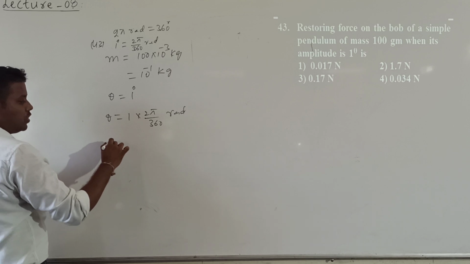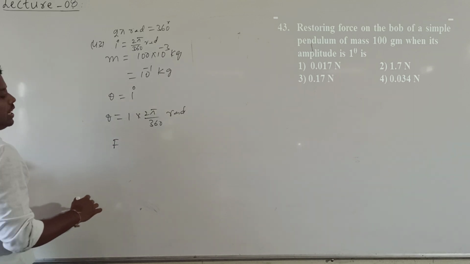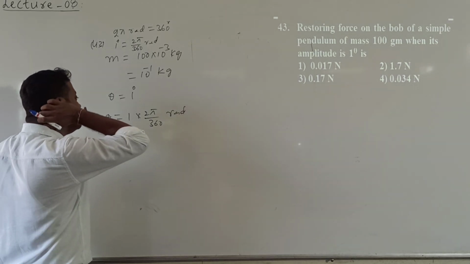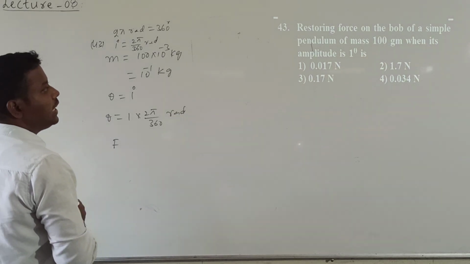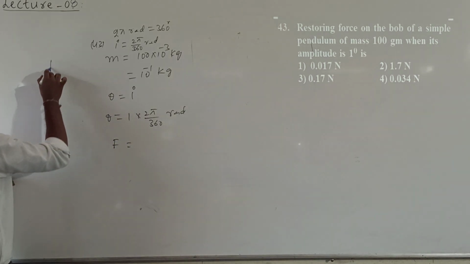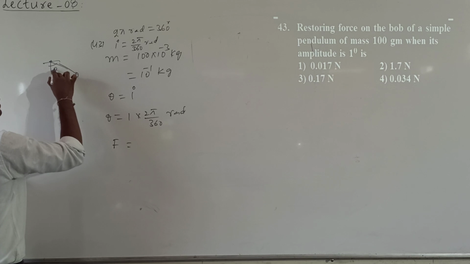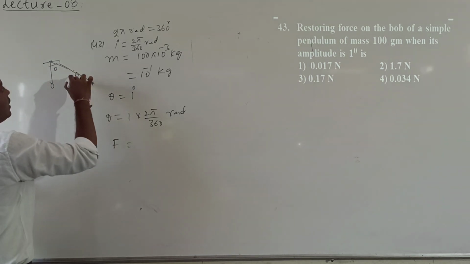What is the force formula? The restoring force they are asking now. F is equal to m into g into theta. In the case of a pendulum, the bob is pulled to one side through an angle theta. Its weight is mg, resolved into two components.